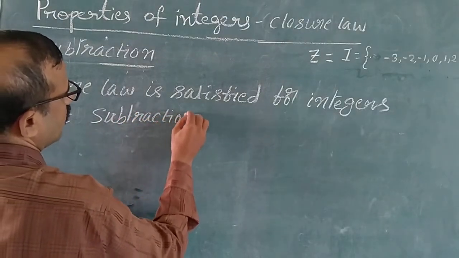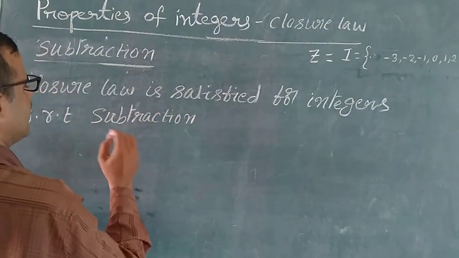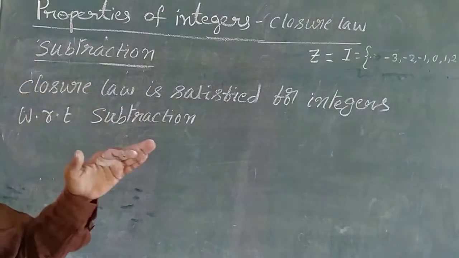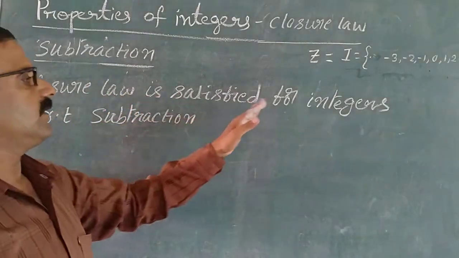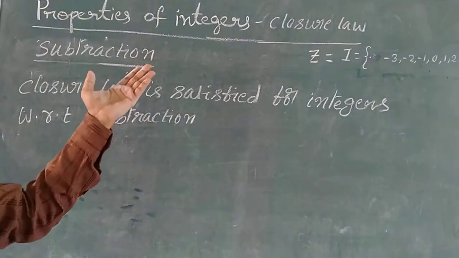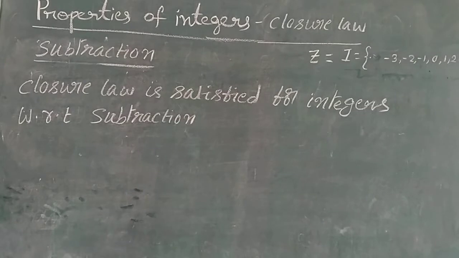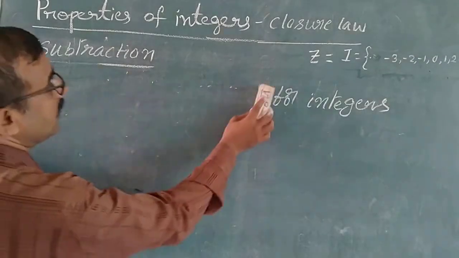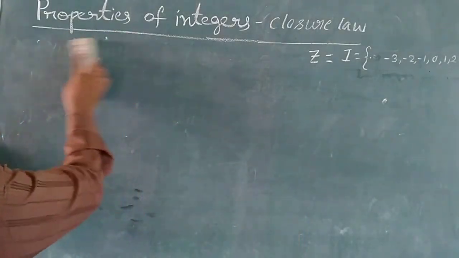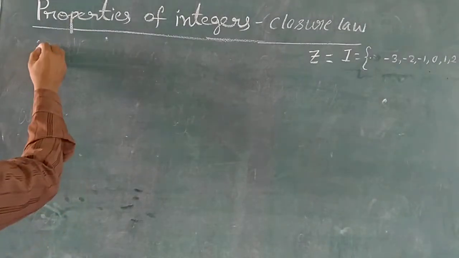So here we checked addition and subtraction. Closure law is satisfied for integers with respect to addition and also with respect to subtraction. Now we will move to multiplication. The third fundamental operation is multiplication.